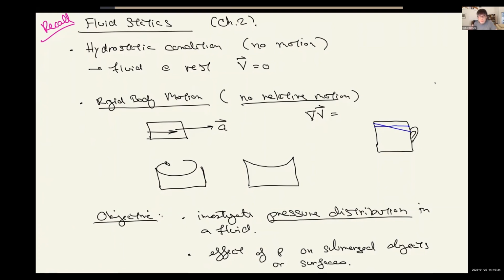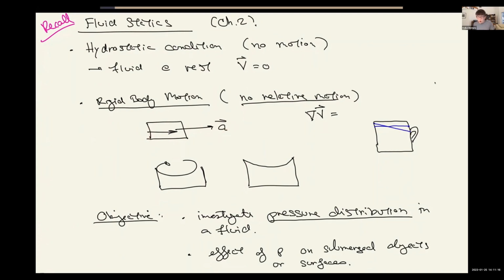But when we developed the equations for the pressure distribution, we kept the acceleration term in so that it allows us to consider rigid body motion when the fluid does move, but it does so as a rigid body. That is, there's no relative motion between fluid particles. So for example, if you have a tank of gas and you consider the whole thing accelerating all together, so each fluid particle experiences the same acceleration, and this body of fluid will move as a whole.